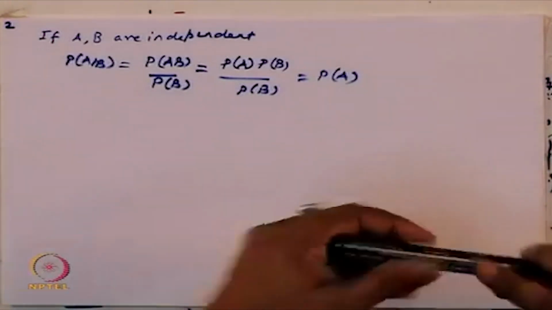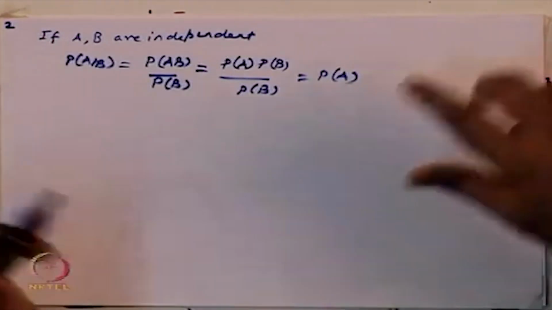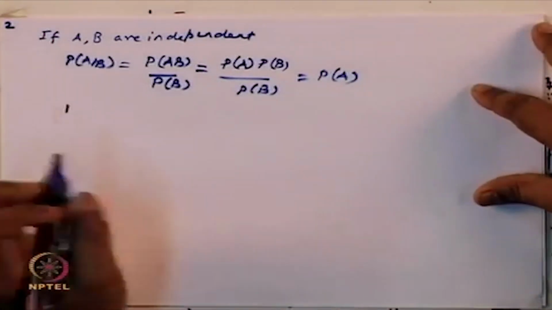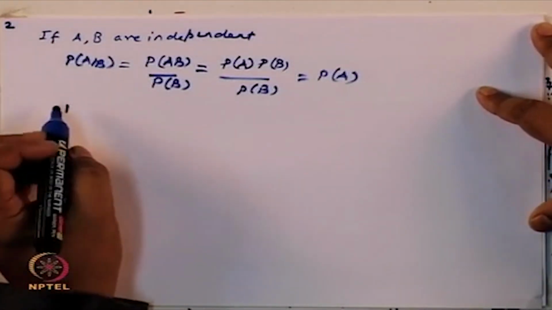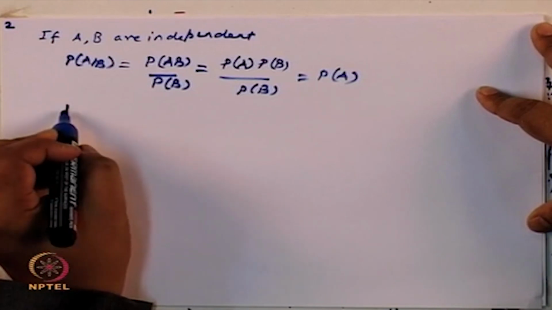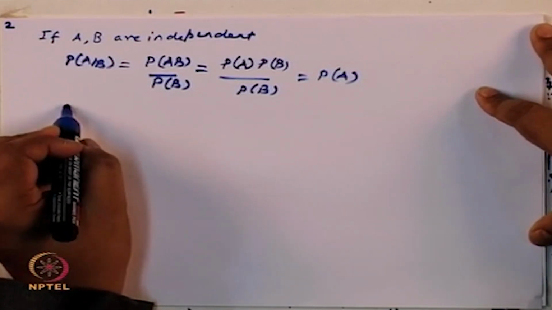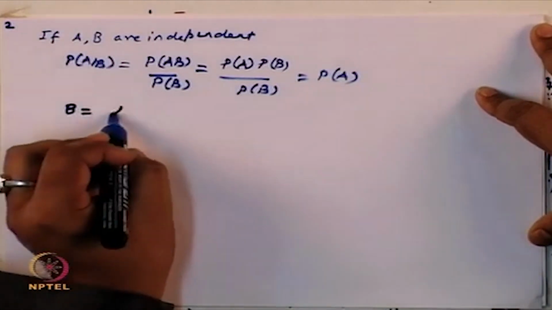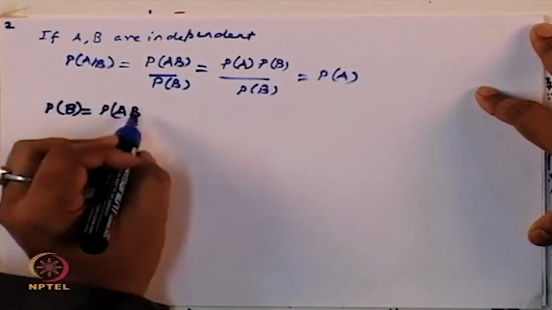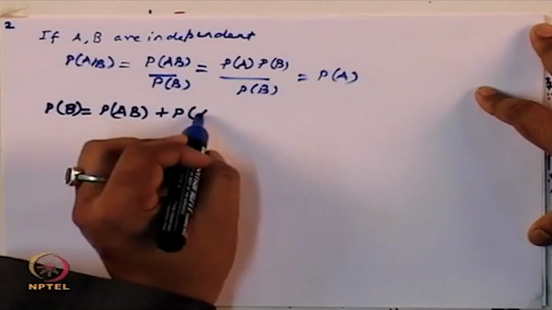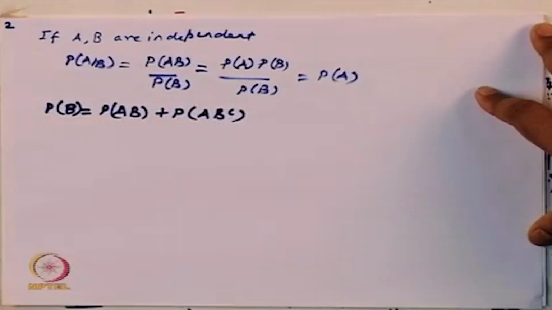Okay. Let me take a different pen. One more thing. Okay. So, let us say A and B are independent. I can write B is equal to A B union A complement B. So, probability of B is equal to probability of A B plus probability of A complement B, right.